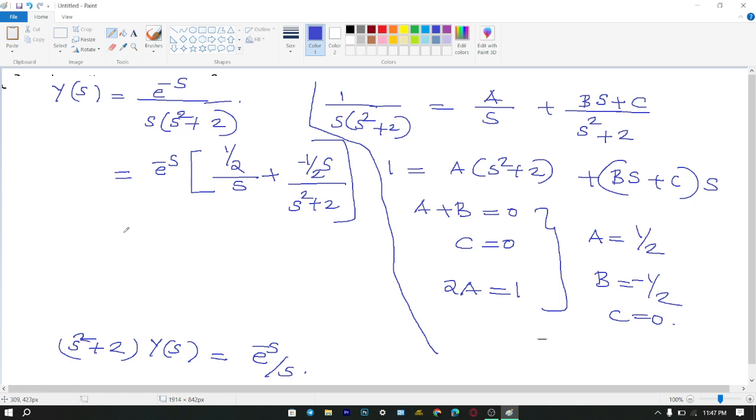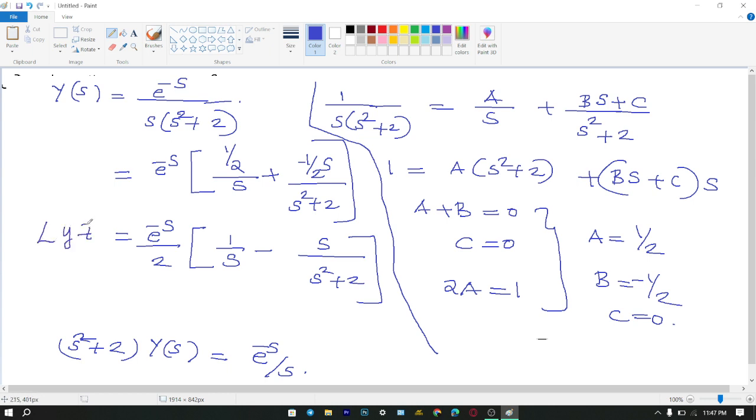Now this is equal to, here we have 1 by 2 is constant, so we can take that constant outside. So e raised to minus s divided by 2, then 1 by s minus s by s square plus 2. So y of s means L of y of t. From this we can calculate our y of t now.